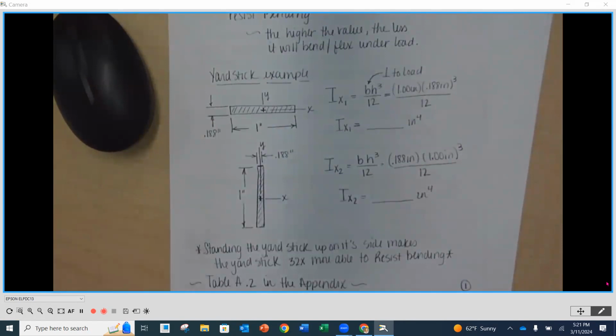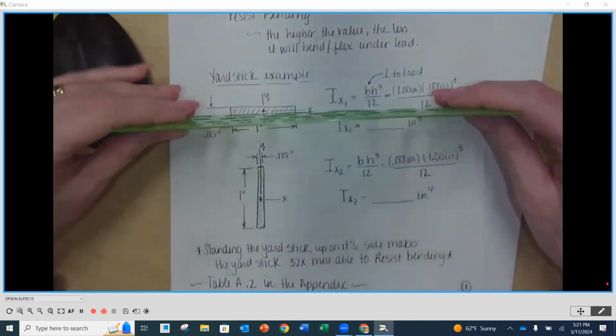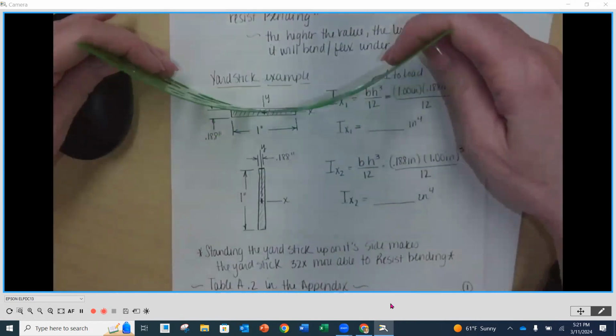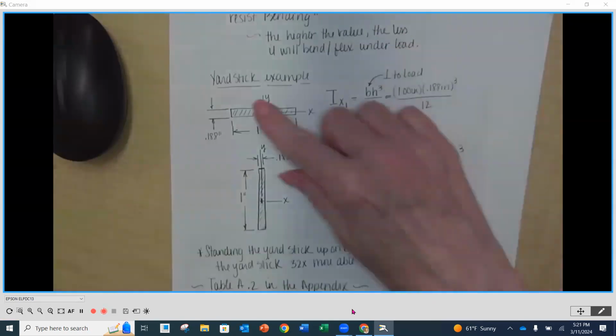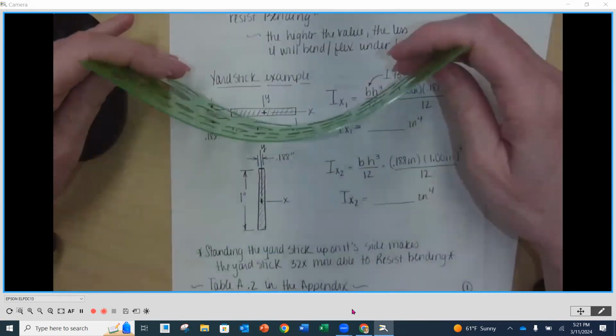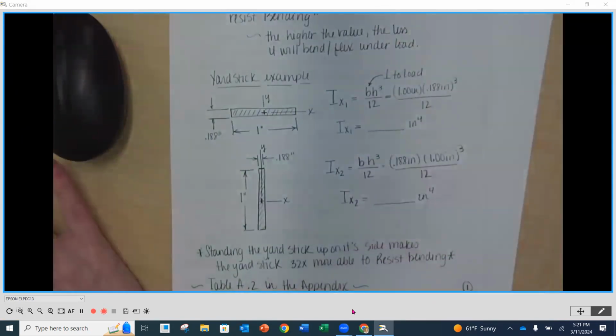And if I would take that yardstick and try to bend it over that flat area, you can flex it pretty easily, right? Would you agree? Can you kind of imagine that with me? In this orientation right here, with this horizontal dimension down, it would flex really easily. Okay, really easy to flex.